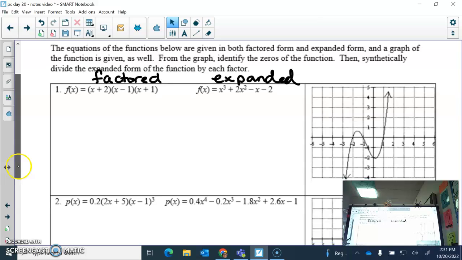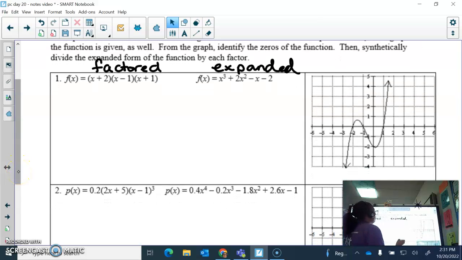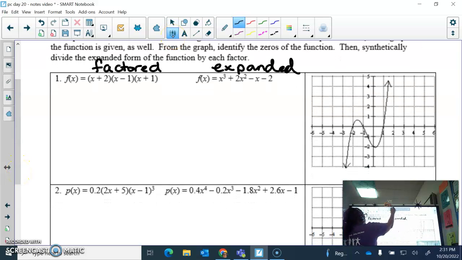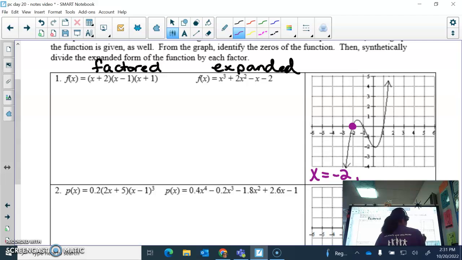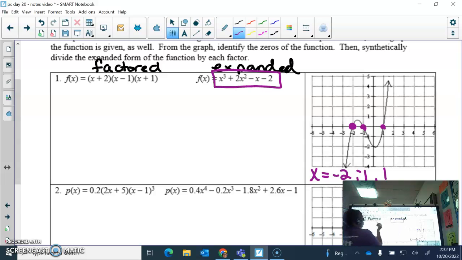So from the graph, what are the zeros? So we have a 0 at x equals -2, we have a 0 at -1, and we have a 0 at 1. And it says synthetically divide the expanded form by each of those factors.